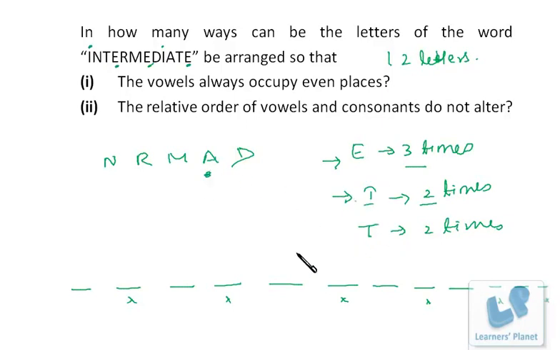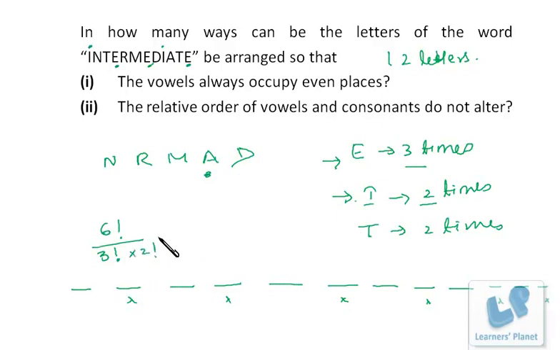Now 6 vowels on the 6 positions can be arranged in 6 factorial ways. E is repeated 3 times, so we divide by 3 factorial, and I is repeated 2 times, so we divide by 2 factorial.